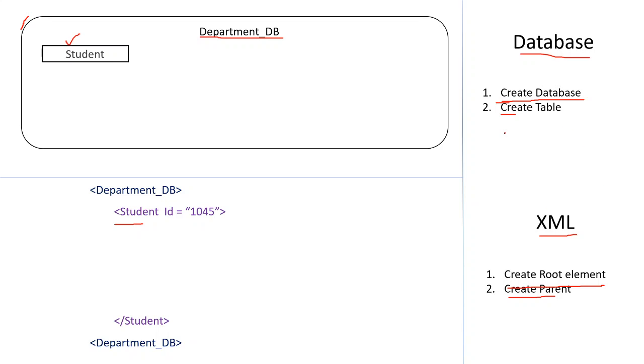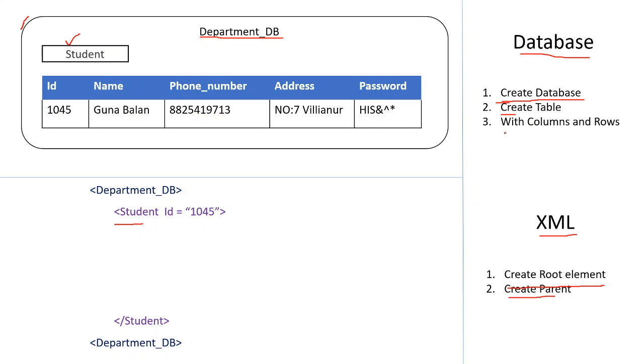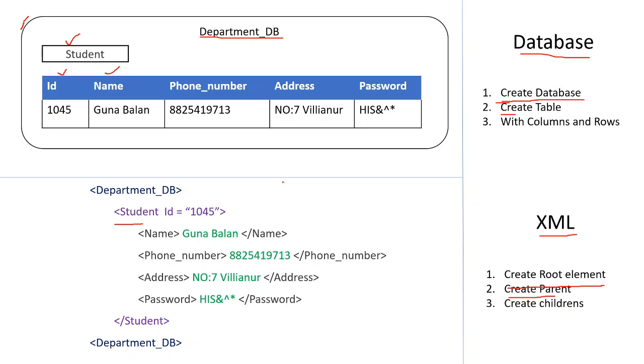The third step in a database is, with columns and rows we fill the content of the table. IDs, name, these are the columns here. In XML also we create the same; these are the children.